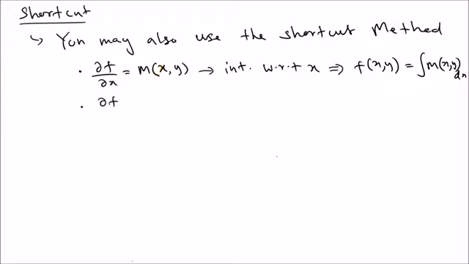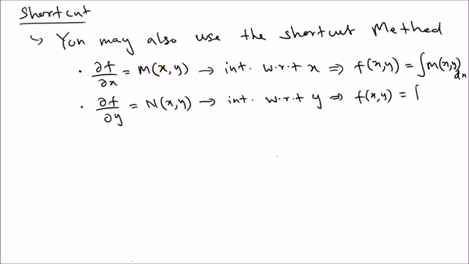And do the same thing. So ∂f/∂y, which is N(x,y). What we can do with this, you can integrate with respect to y. So you again get the same function in another form. Here we did the partial integral with respect to y. Now we can write the common terms once and the uncommon terms once.